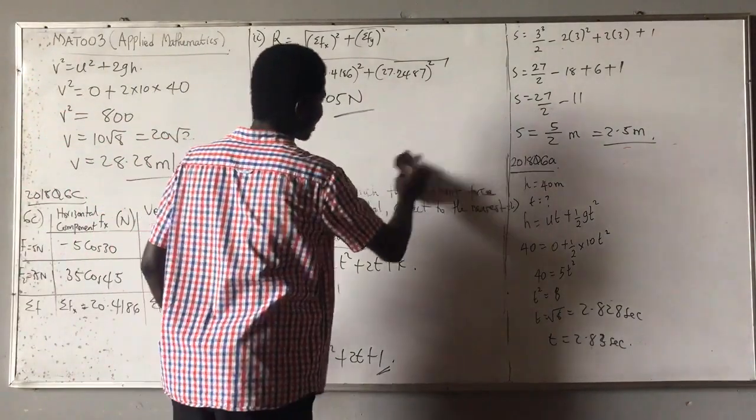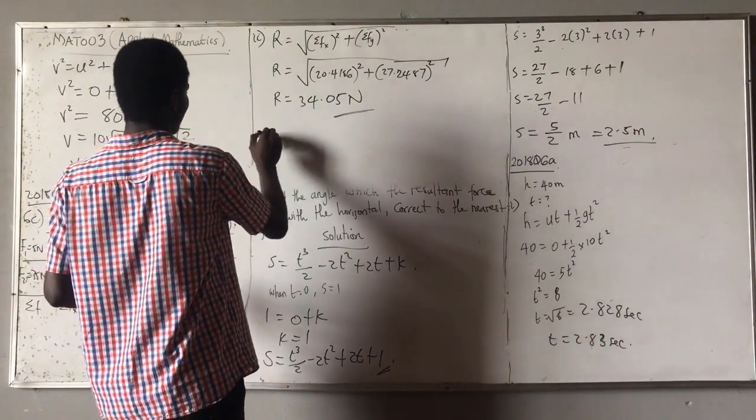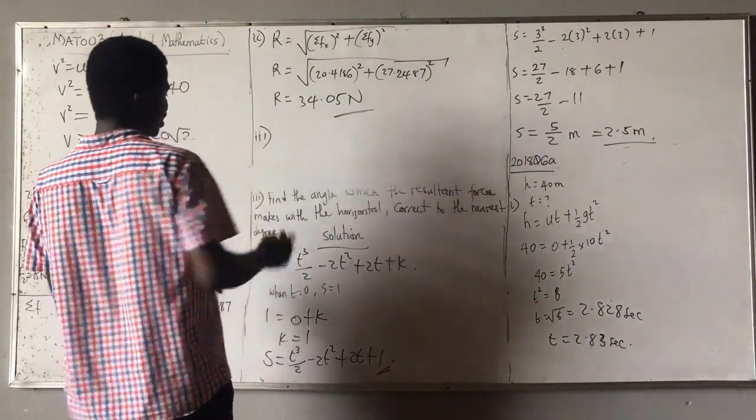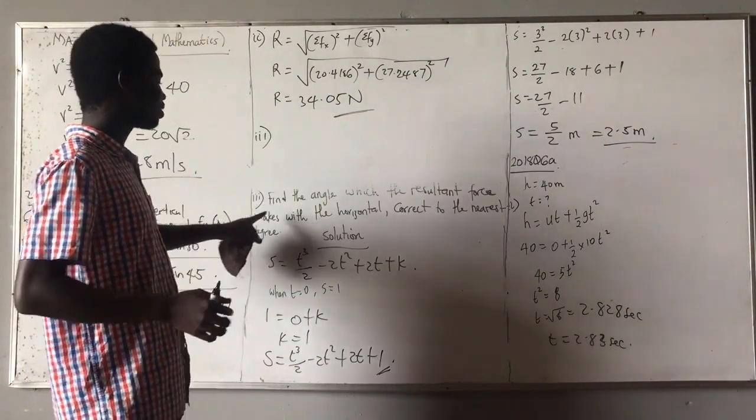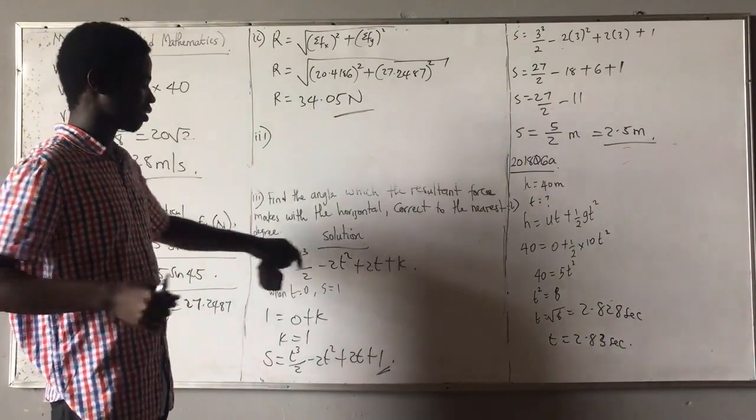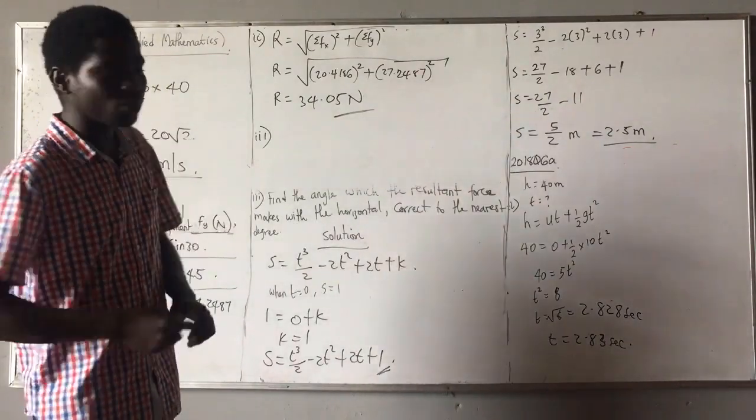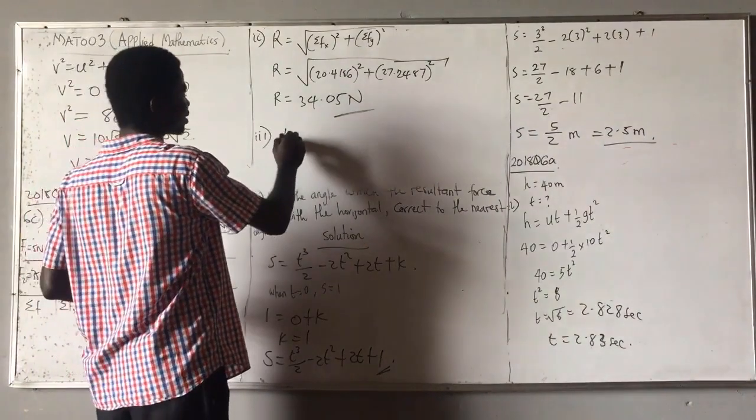Now the third one: find the angle at which the resultant force meets the horizontal. To find the angle, you use tan theta.